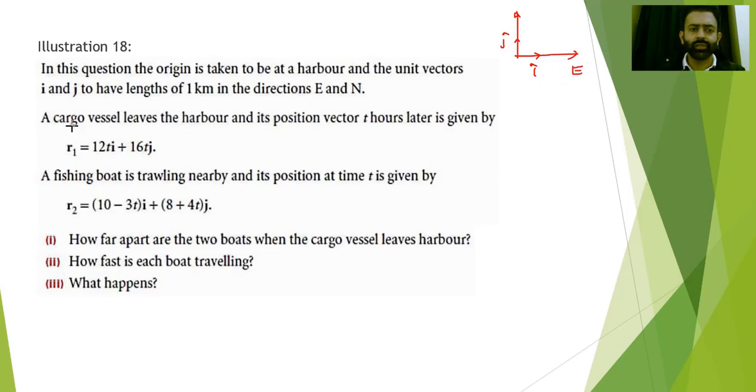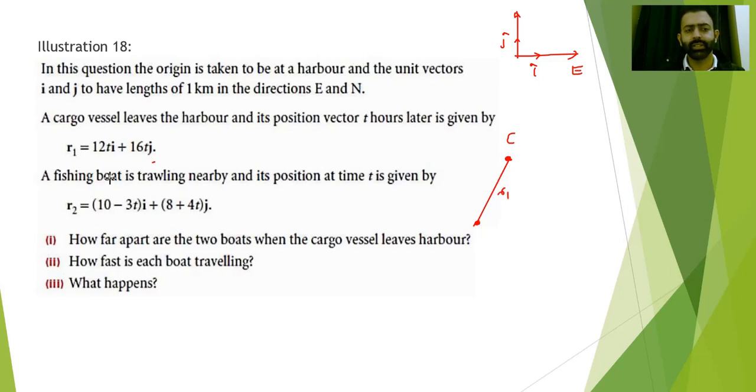Okay, so there is a cargo vessel which leaves the harbor, and its position vector t hours later is given by this vector. Suppose there is a cargo vessel denoted by C, and this is the origin. We have a position vector r1 for this cargo vessel.